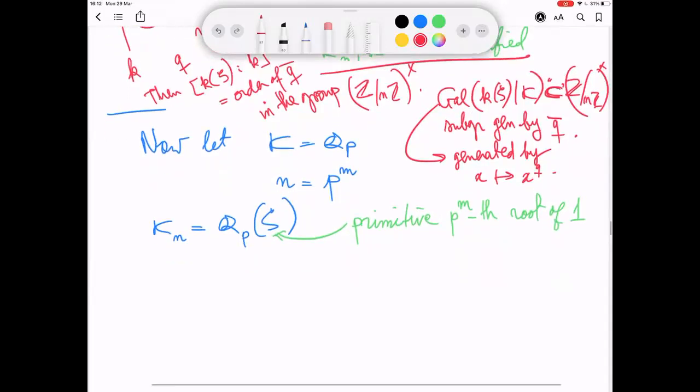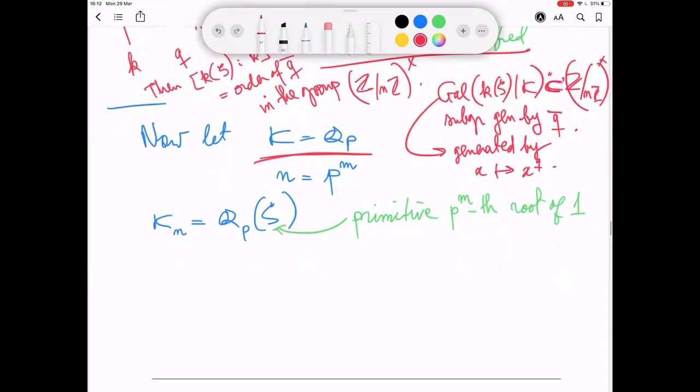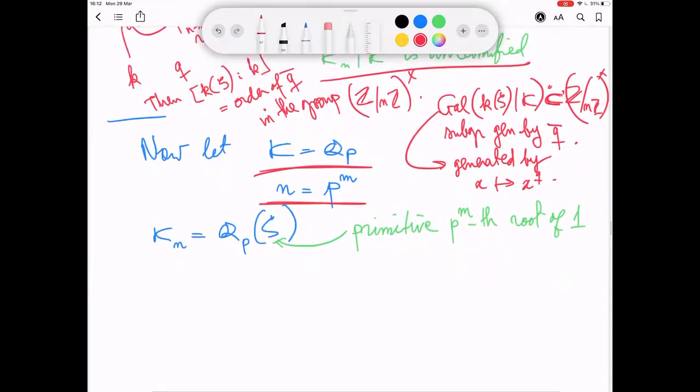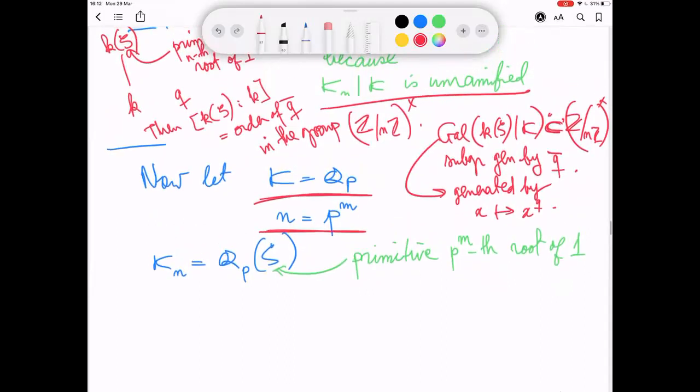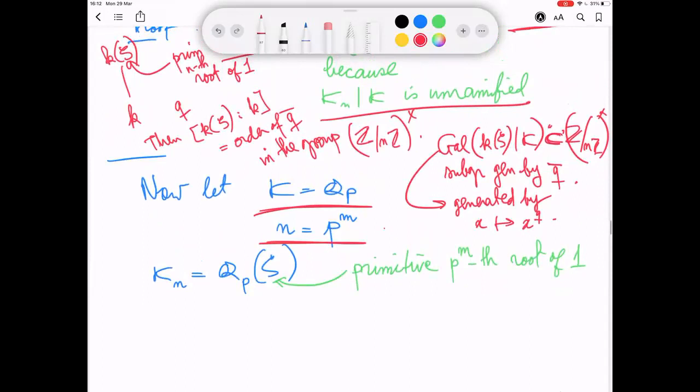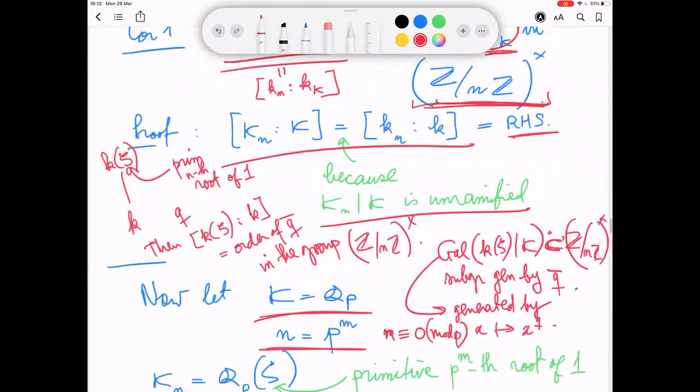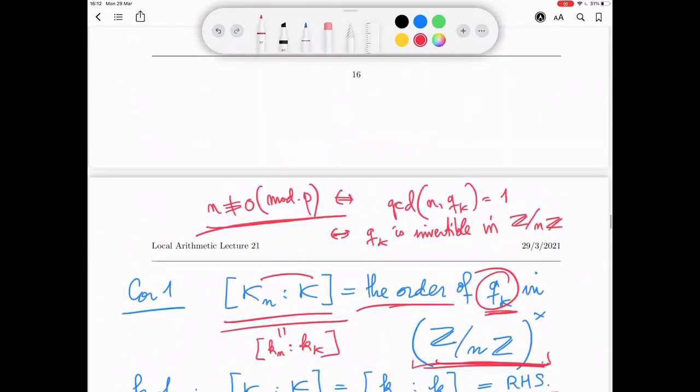Now let's do this for Q_p and see what happens when n is a power of the prime p. Here n is, of course, now divisible by p, right? Earlier we were taking n to be prime to p.